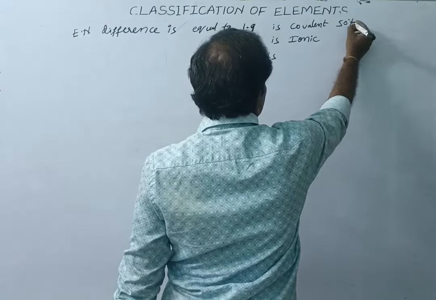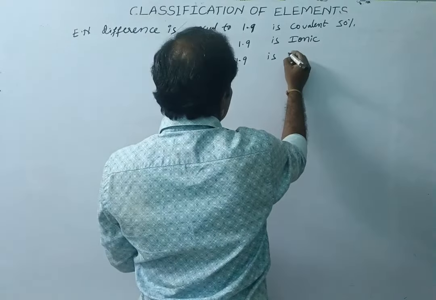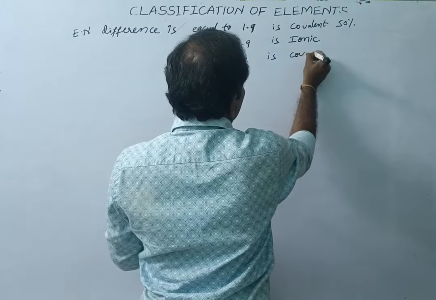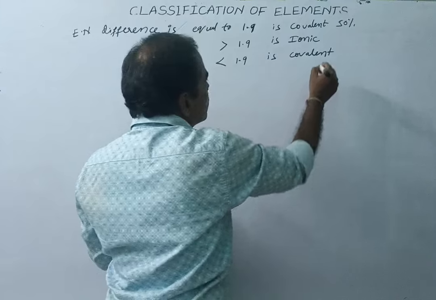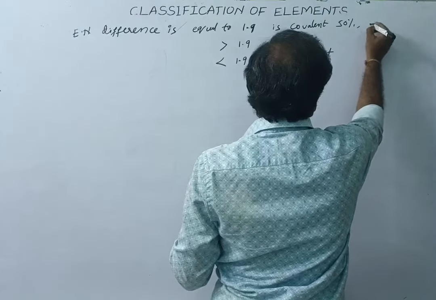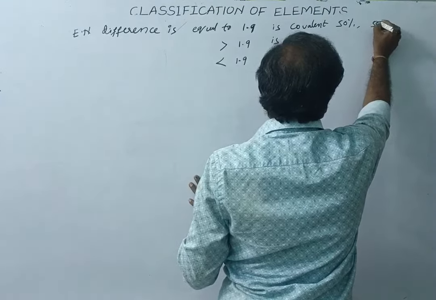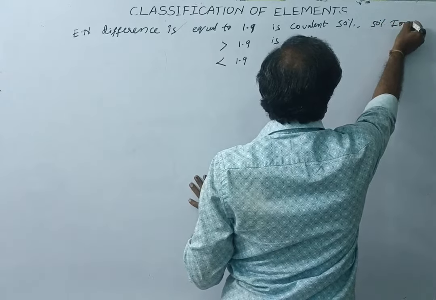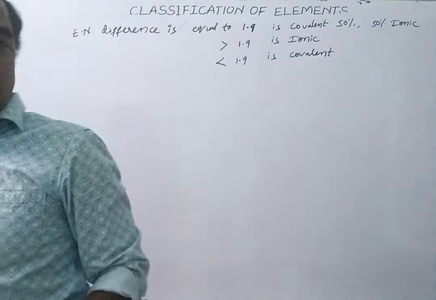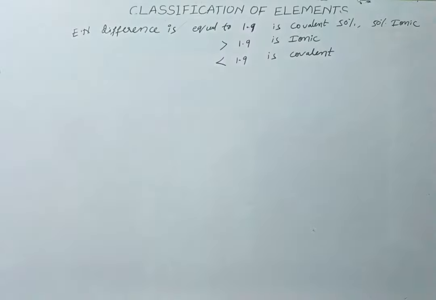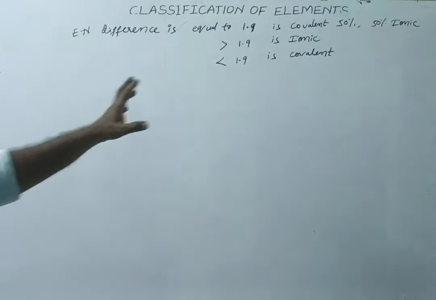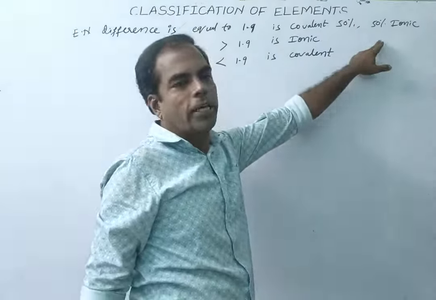If the EN difference is equal to 1.9, the bond is 50% covalent and 50% ionic.